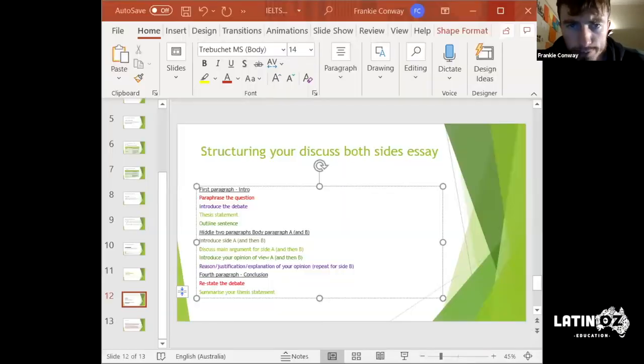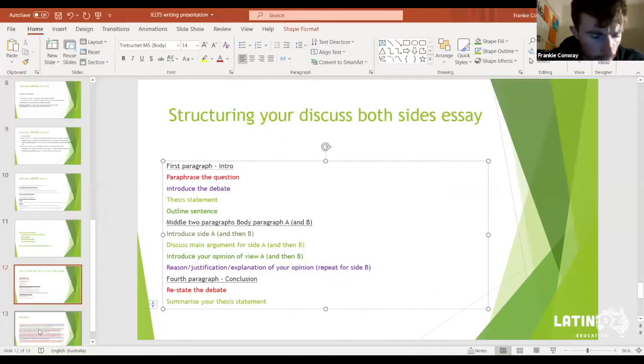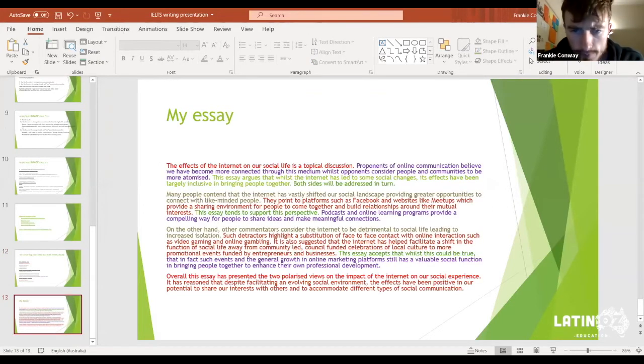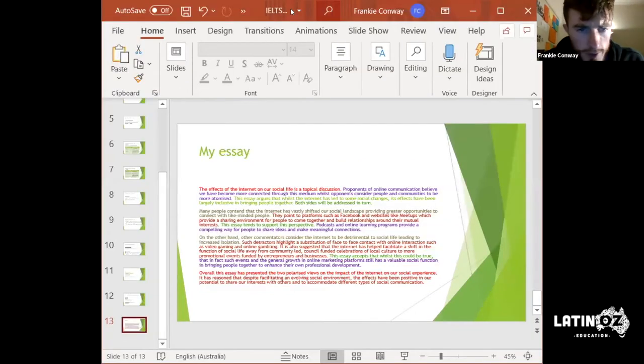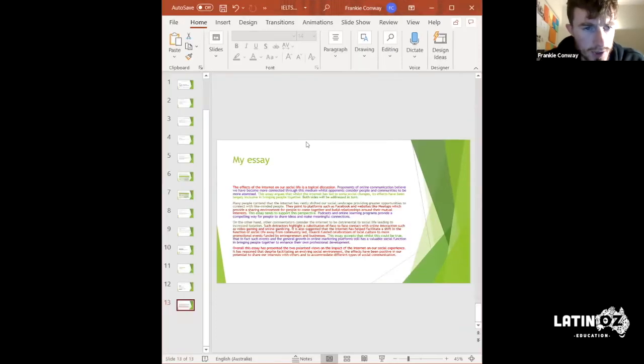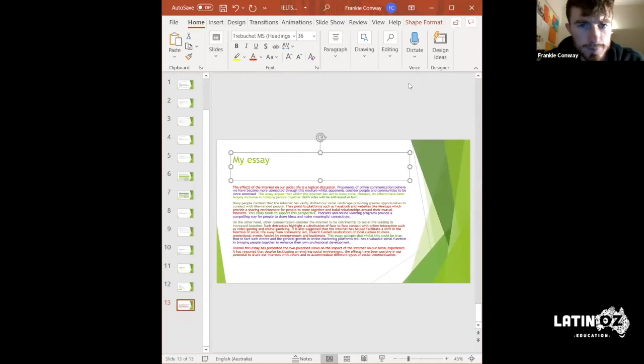How it looked, if we pieced it all together. Okay, guys, just to check, can you see? It's probably better if I just do one.